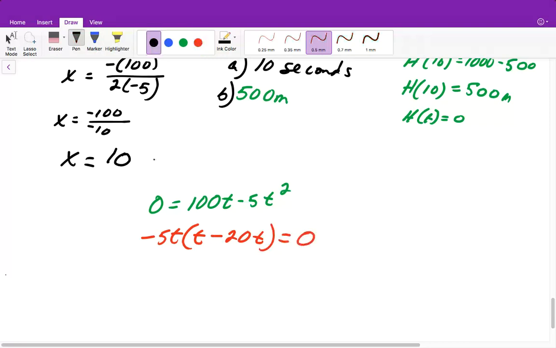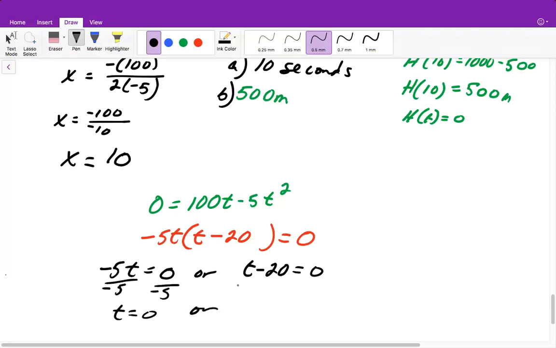We can set each factor equal to 0. So negative 5t is equal to 0, or t minus 20 is equal to 0. When we divide by negative 5, t is equal to 0, or when we add 20, t is equal to 20 seconds.